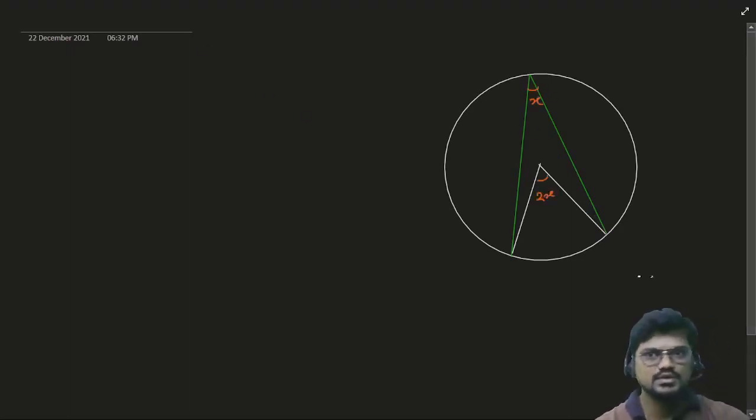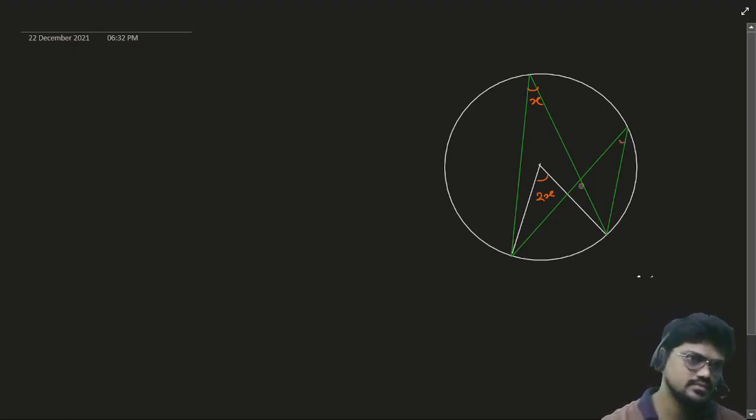Got it? Similarly, even if I draw any line over here like this, what will be this angle now? How much? x. It will also be x. It is the same thing, no? Angle subtended at any point on the circle.